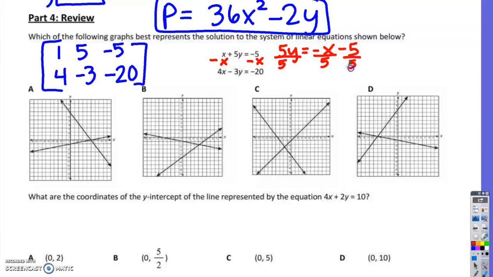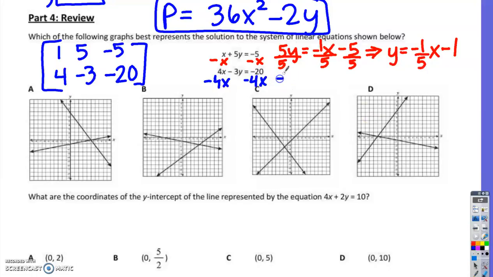Remember right here that there is a 1, or in this case a negative 1. So this is going to translate to y equals negative 1/5 x, and then negative 5 divided by positive 5 is negative 1. And then on the second guy, I'm going to do the same thing. I'm going to subtract 4x on both sides.